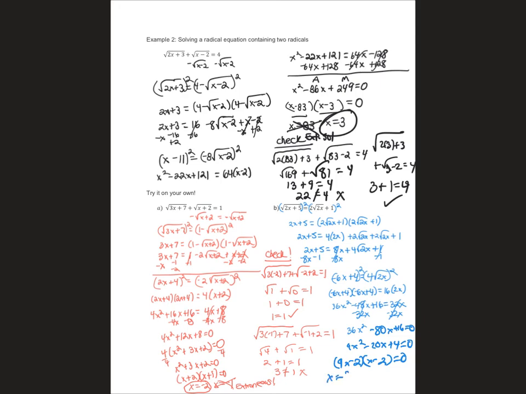And I get x equals 2/9. X equals 2. And I'm running out of room, so I'm going to let you check this one on your own. Since, again, there's square roots, I have an even index, so I would have to check for extraneous solutions. And you would see that x equals 2 does not work. It is extraneous. But x equals 2/9 does work.